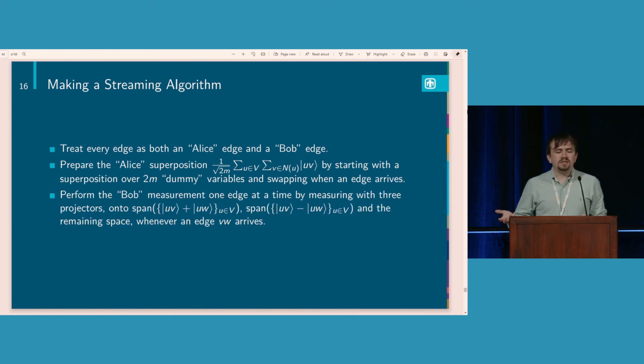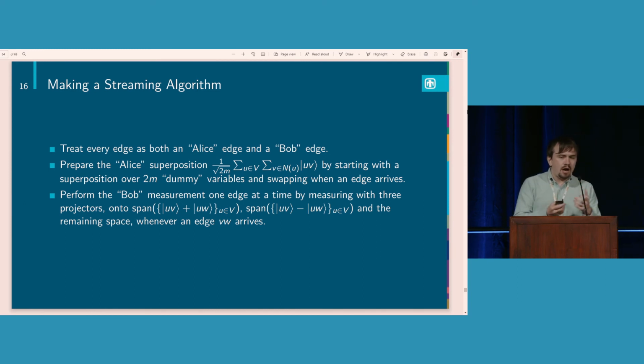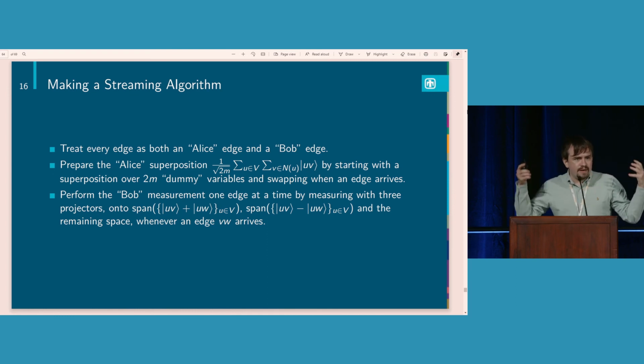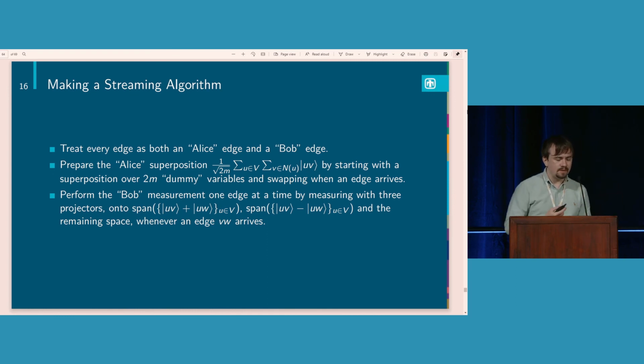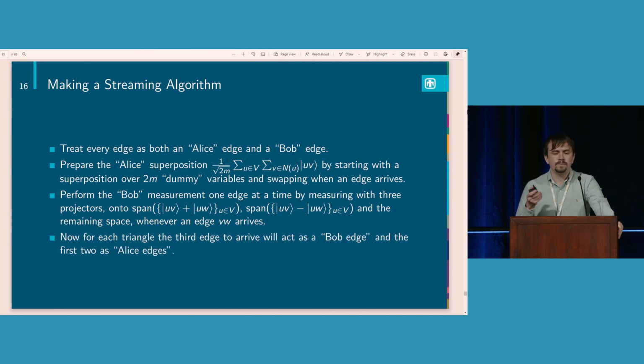And then for the Bob part of this, every time we see an edge VW, we can't save up all of these edges and do our measurement at the end of the stream because we won't be able to remember which measurement we should do. So instead, every time we see an edge VW, we construct a plus projector, a minus projector, and a projector onto everything else that we use to perform the part of the Bob measurement that corresponds to that edge.